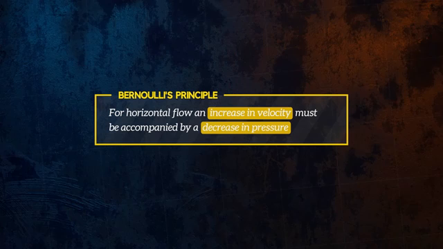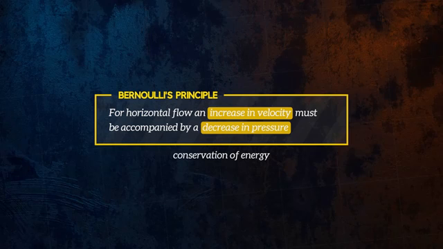It can seem counterintuitive because people often expect an increase in velocity to result in a corresponding increase in pressure, but it makes sense if we think about the conservation of energy. The energy required to increase the fluid velocity comes at the expense of the static pressure energy.